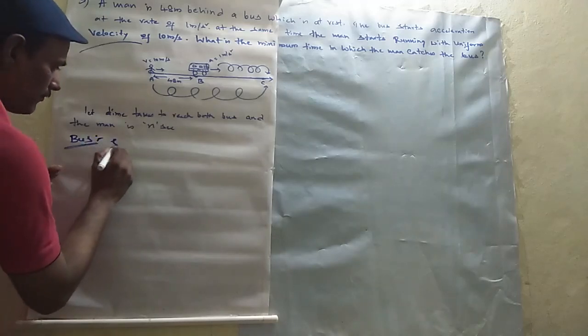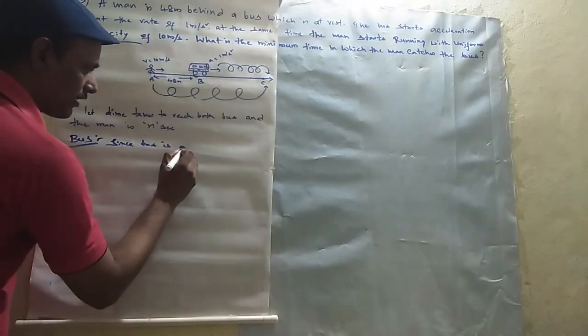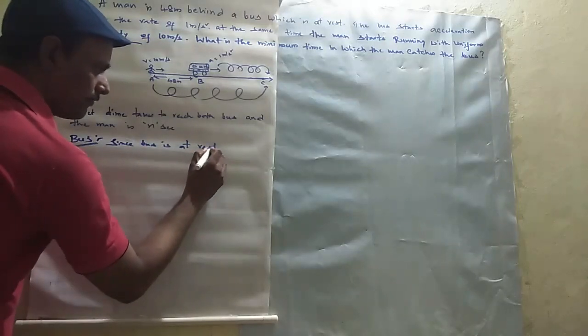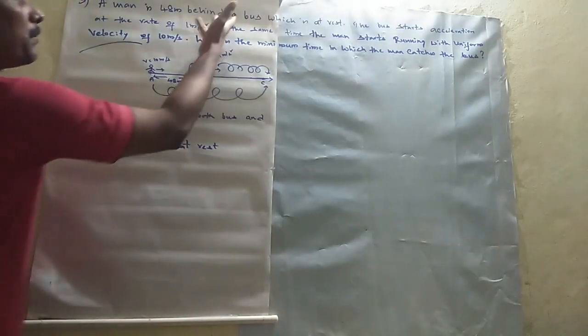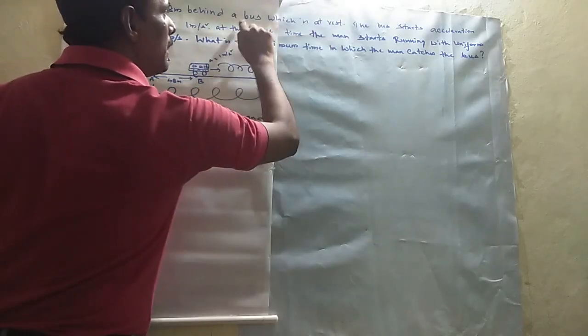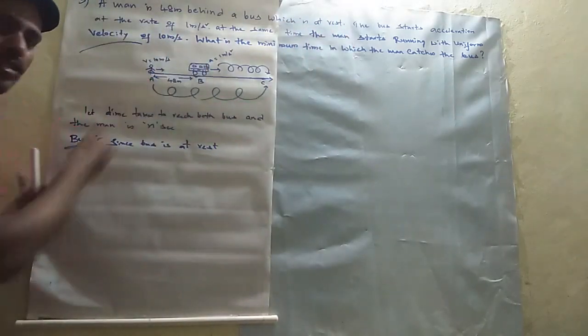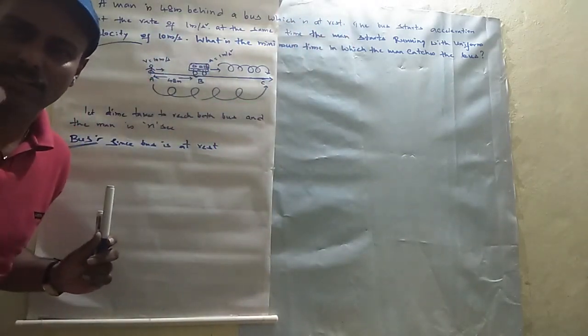Since the bus is at rest, as given in the problem, bus at rest means starting position, and starting position means initial velocity is 0.